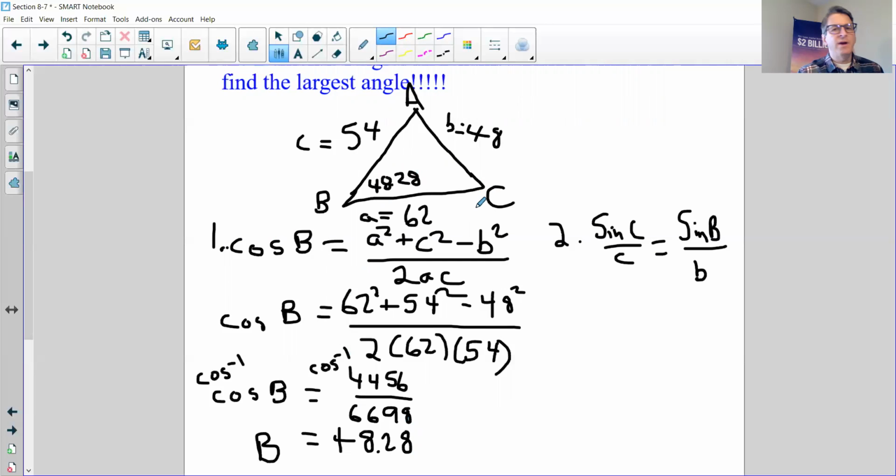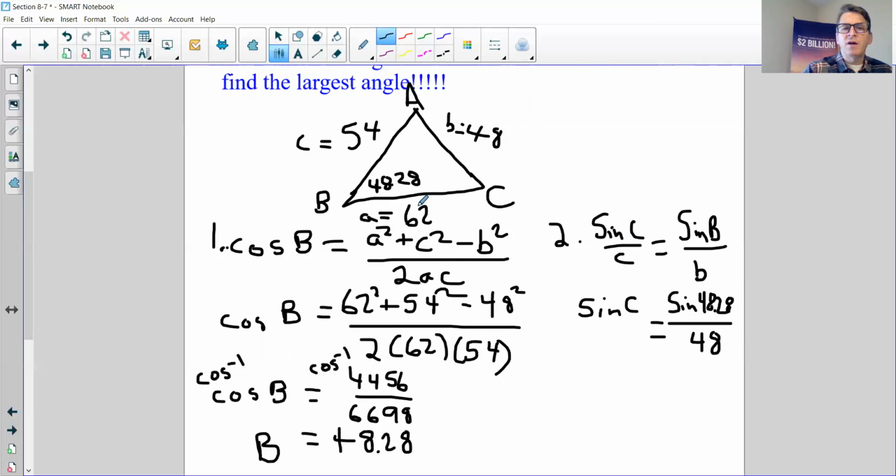Once we've got that off our plate, we're going to move right into the law of sines, using sine of B over b as our main ratio to work with. We take sine of 48.28 and divide that by 48, and we're going to try to find the sine of C over 54.